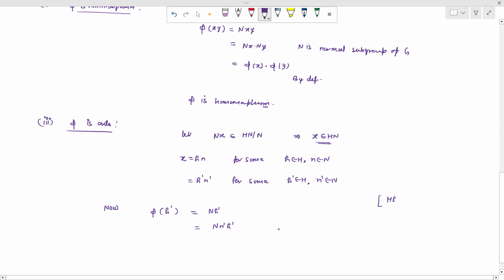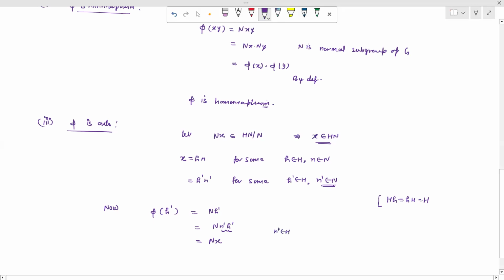You must have studied a theorem on subgroups: HN equal to H, because N is a normal subgroup, so it is also a subgroup, so that h can be written as n n', because n' belongs to N. So now we can write this as n' h', and this is equal to x. So this can be written as N x.